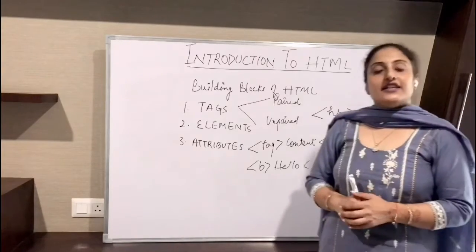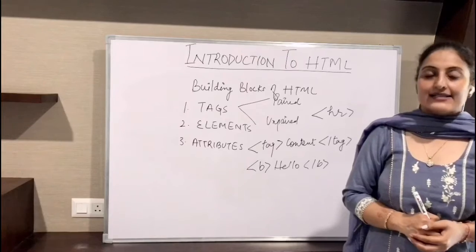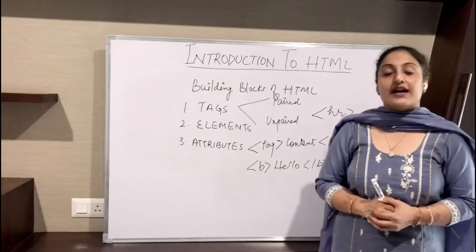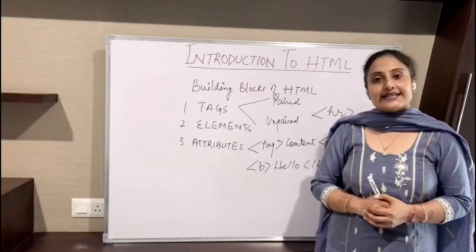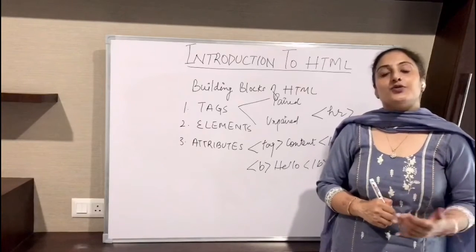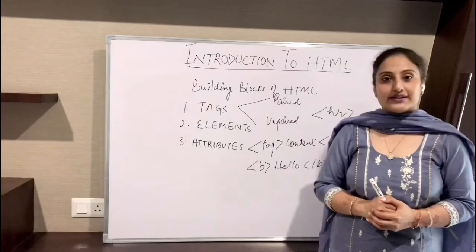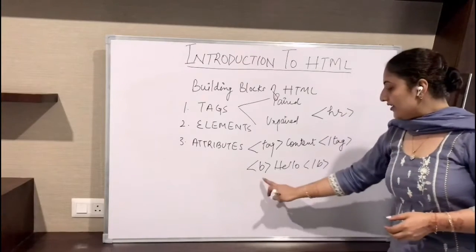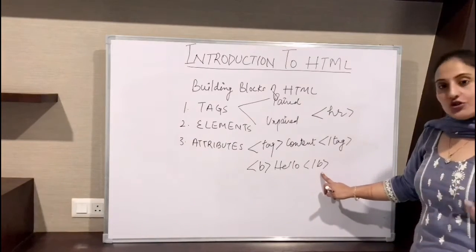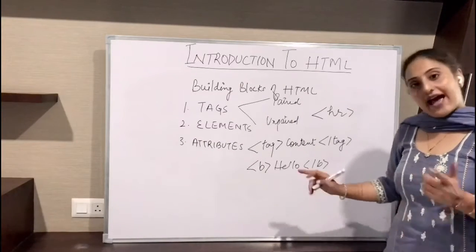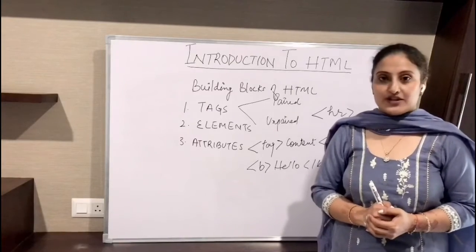A few points need to be remembered when we talk about tags. First point here is tags are case insensitive. Case insensitive means you can use capital letters for tags as well as small letters. For example, we have written here small b. The same thing can be used with capital B as well, and the effects are the same within the web page.